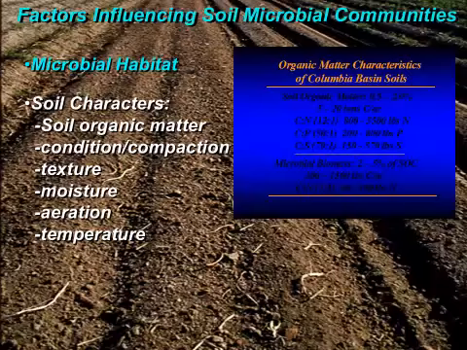So some of the soil characteristics that are conducive to microbial habitat are soil organic matter, the soil condition. Is it compacted? Is it tight? Or is it nice and loose? The texture, moisture, aeration, and temperature. Okay.